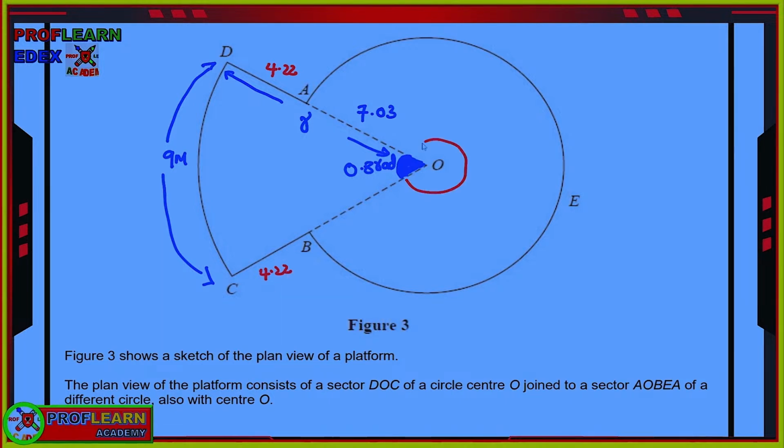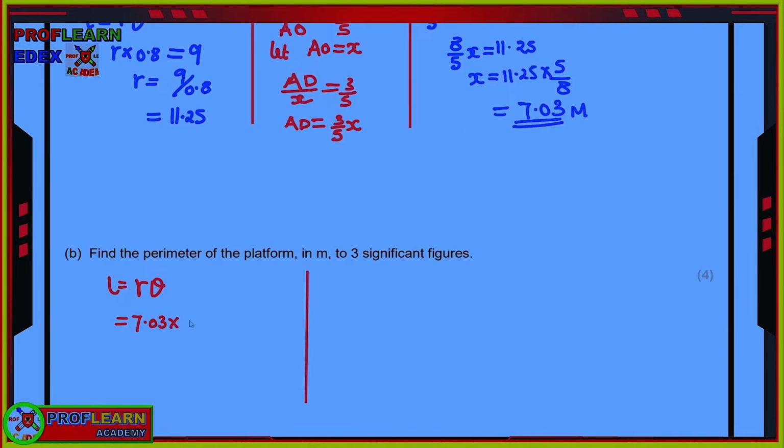Then we also need to work out the arc length of arc BEA. So using this angle behind here, it will be 2 pi minus 0.8 radians. So we can work out arc length. Remember, arc length is r theta, and the radius of that sector is 7.03. Then working it out, we are going to get 38.55.